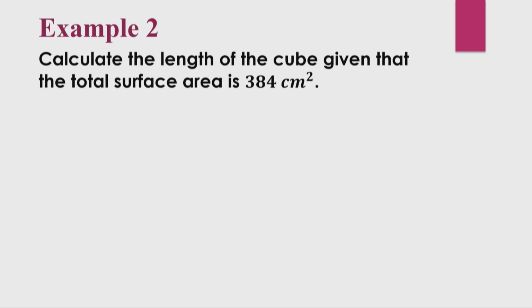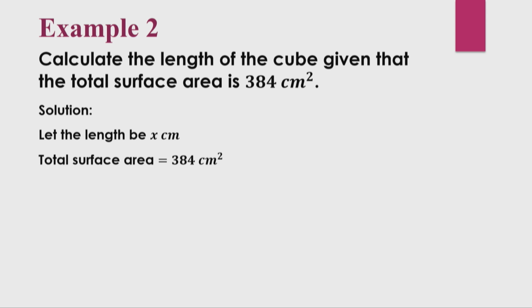Example 2. Calculate the length of the cube given that the total surface area is 384 centimeters squared. Let the length be x centimeters. The total surface area is 384 centimeters squared.